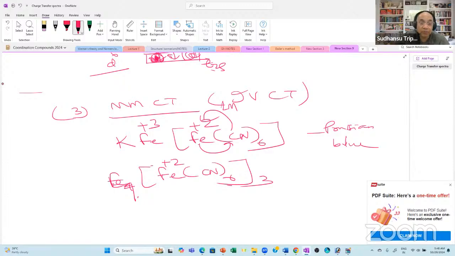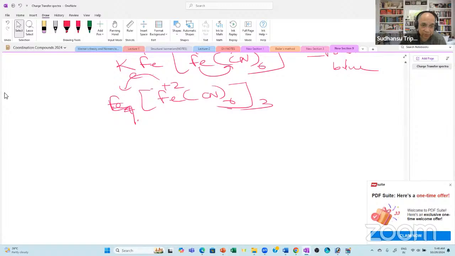But the color that we see, the ferrocyanide ion is orange red in color. That is not due to that. It is due to electron transfer from ferrous to ferric. So this is called intervalence or metal to metal transition. One inside the coordination sphere, the other outside the coordination sphere.